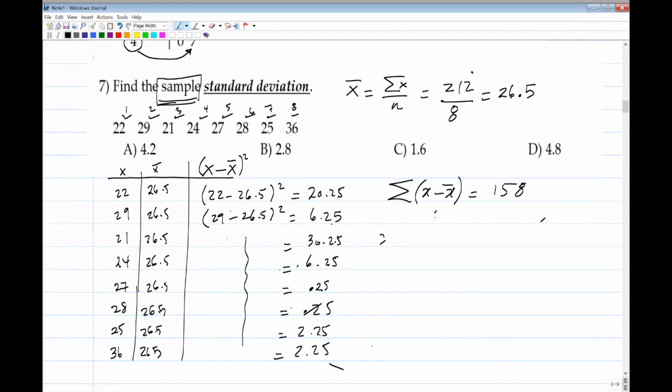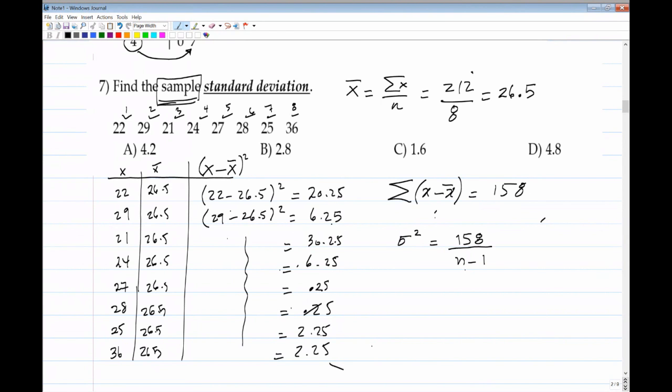Now what is the variance over here? The variance, well, let me put first a symbol. The variance will be sigma squared, which is equal to 158 divided by n minus 1, since it's a sample.